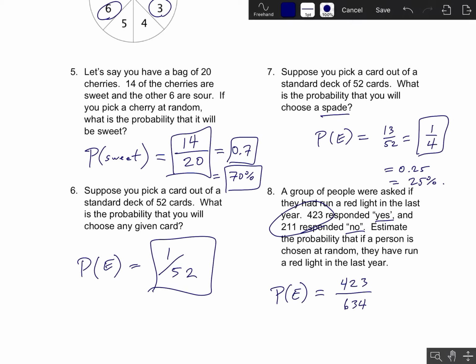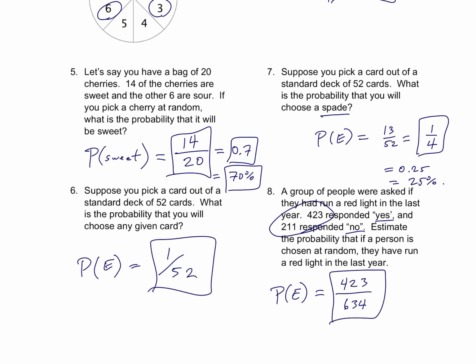And that will give me my denominator. Because again, to compute these probabilities, assuming that each of these people are chosen uniformly at random, we would have 423 outcomes that we're happy with, and then 634 outcomes in total between the 423 yeses and 211 nos. And for things like this one, I probably wouldn't worry about trying to simplify it or anything. I would just leave it like that.